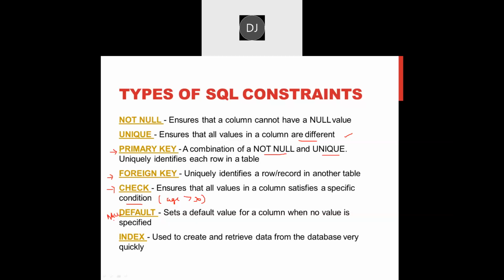Rather than null you can give any name, rather than sample or demo, any name you can give instead of the default value null. That is also possible. Can we give any numbers or only characters in default? No, you can give numbers also, you can give numbers also.